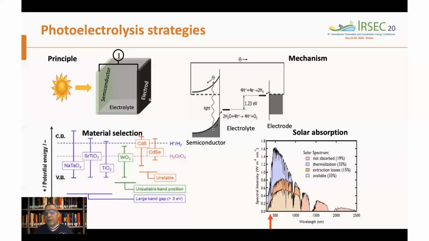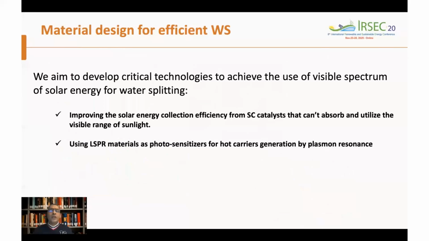Or, for example, here we have some that is not absorbed, we have some extraction losses due to just the geometry of the materials. So this is why we have to develop critical technologies to achieve the use of the visible spectrum of solar energy to achieve efficient water splitting and hydrogen production.